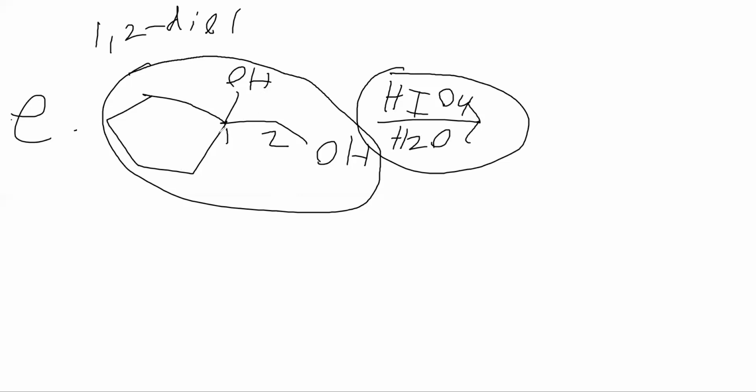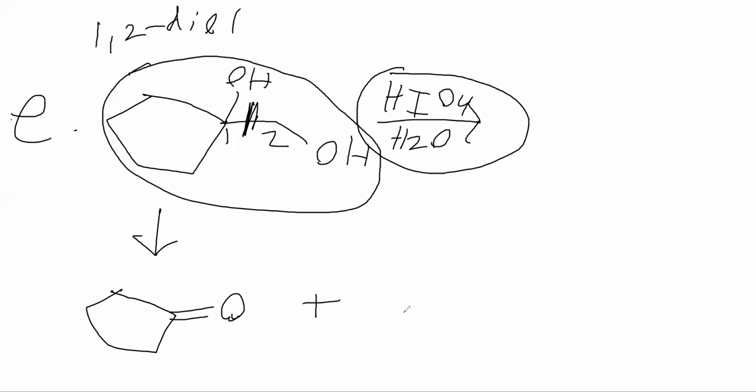Not the double bond, it's going to cleave the bond between the two alcohols. So it's going to cleave this bond like this. And it's going to cleave it in the same way that the cleavage occurs with ozone and zinc acid, those two steps.